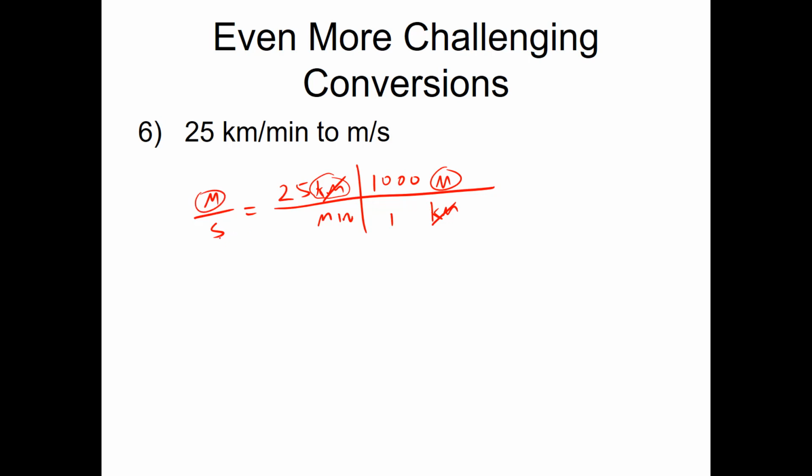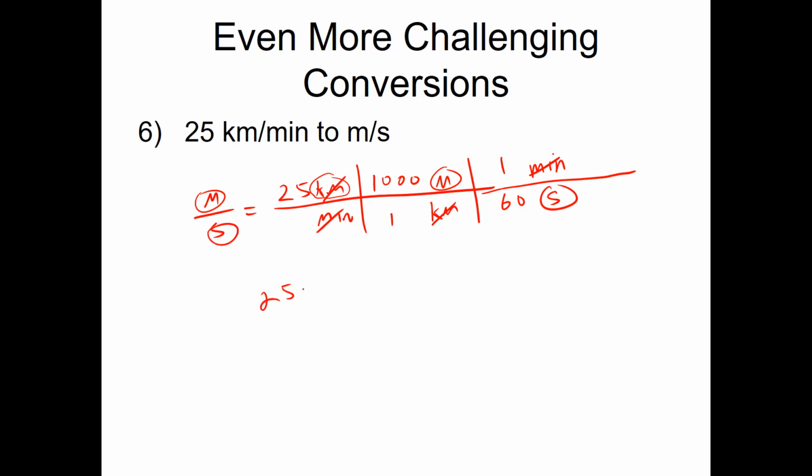But we're not done completely because we don't have seconds, we have minutes. So now we just have to do the opposite. We'll go ahead and take minutes, put it up top, because we want to cancel out the thing that's down the bottom. And we're going to get to seconds. A minute is bigger. How many seconds? 60 seconds. And at that point in time, we cross out minutes, and guess what? We have meters over seconds, which is what we're trying to find, meters over seconds.